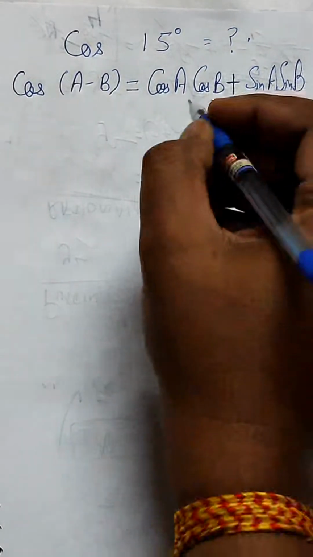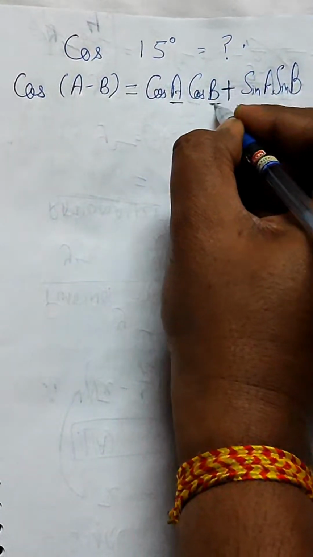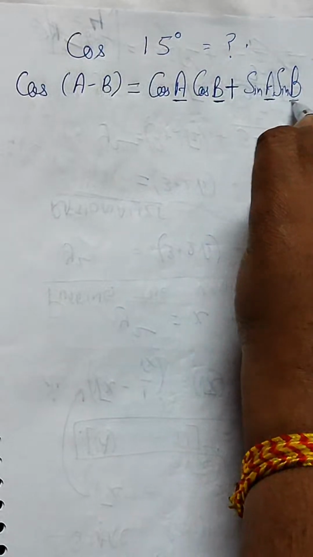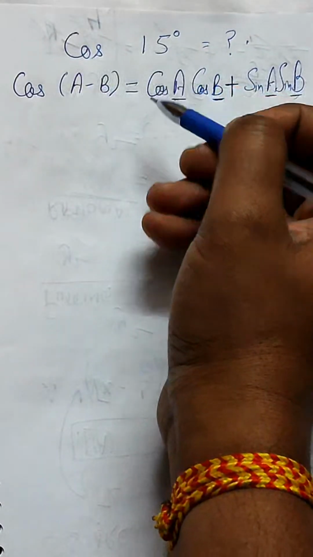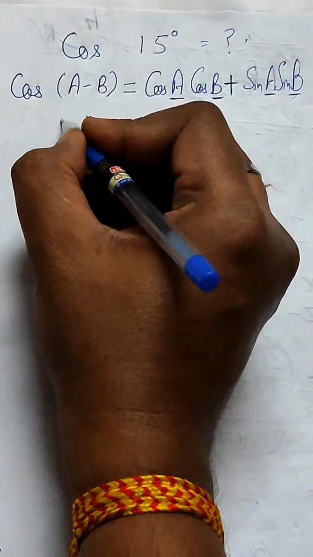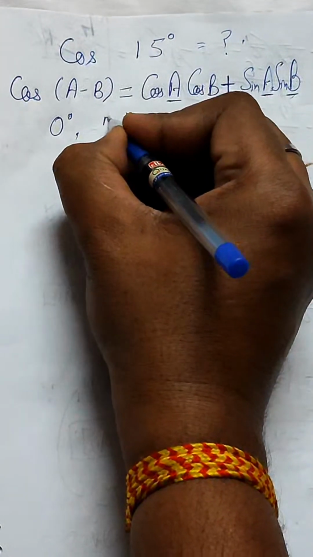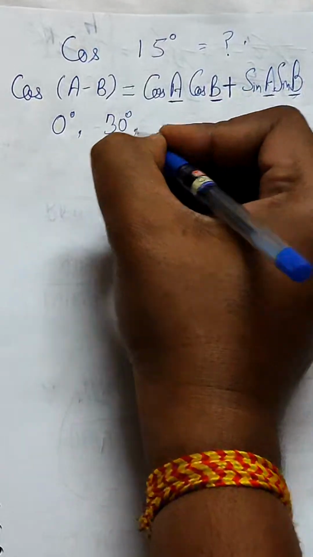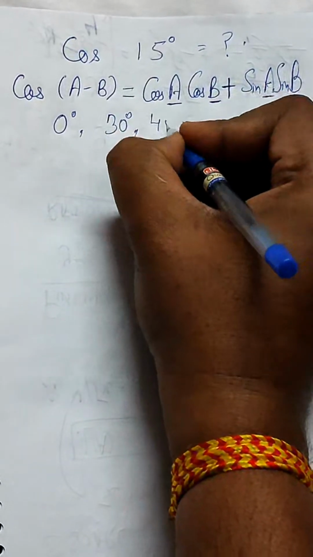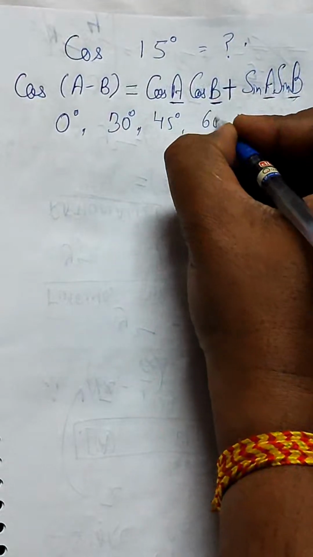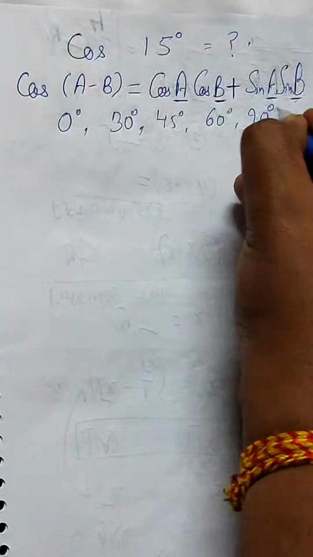So using this formula, we need to select the values of A and B, similarly as we calculated for sin 15, right? So we will choose a pair of angles from the given five values: 0, 30, 45, 60 and 90.